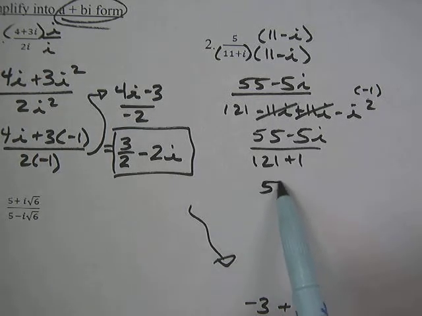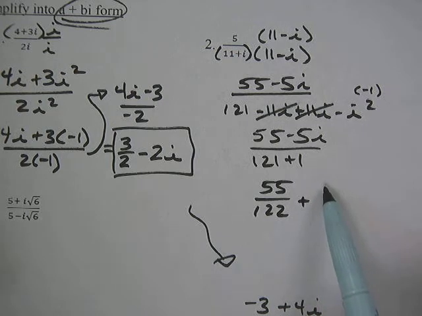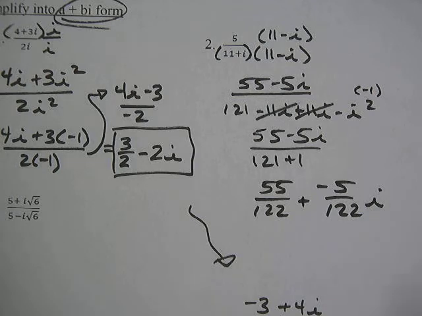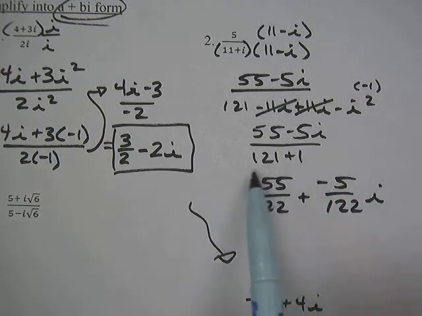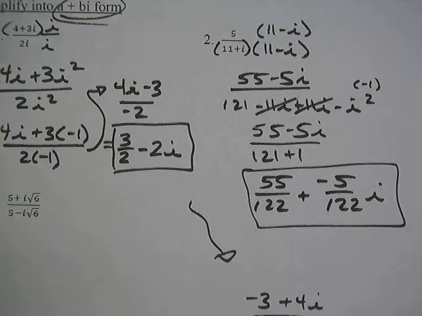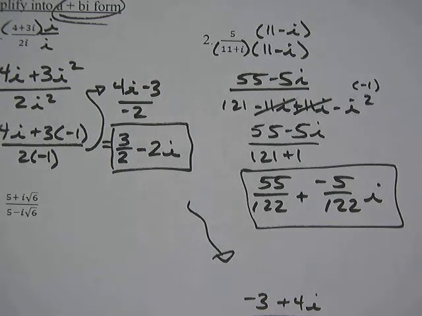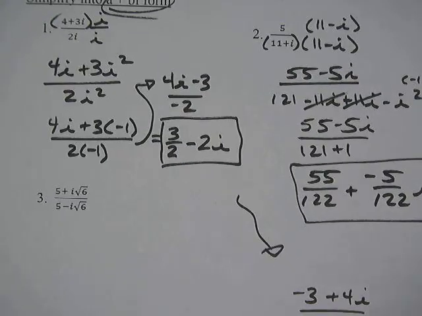Changing everything into a + bi form, this would be 55 over 122 plus a negative 5 over 122i. Or that plus negative is actually quite unnecessary. You could write it as 55 over 122 minus 5 over 122i, but again, putting it into that a + bi form.